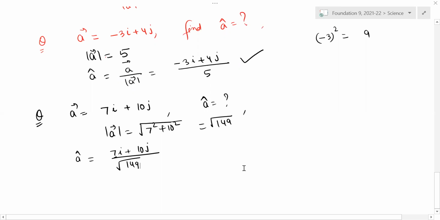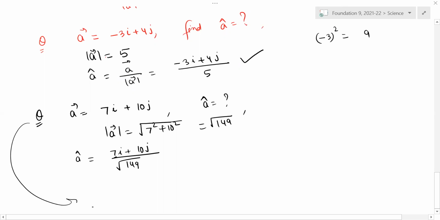Piyush, you are asking, sir, what is the use? Now, for example, if I say you have to apply a force of 5 Newton in the direction of A vector.